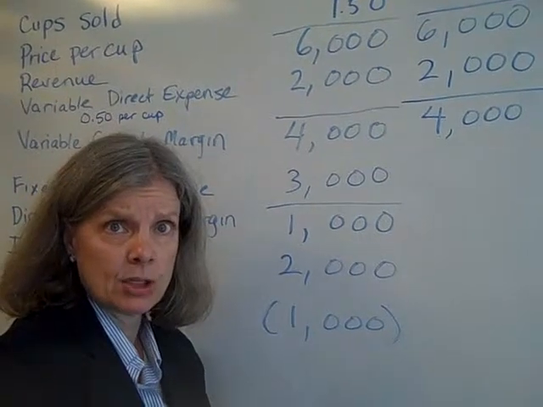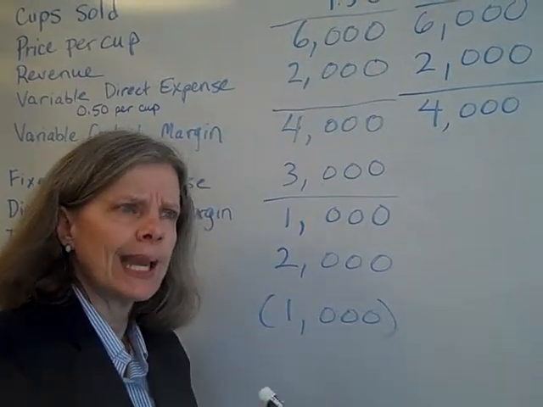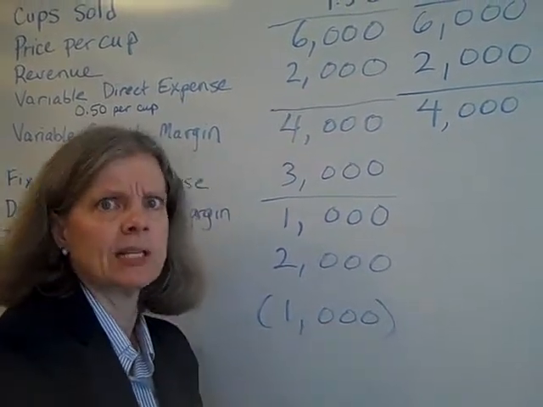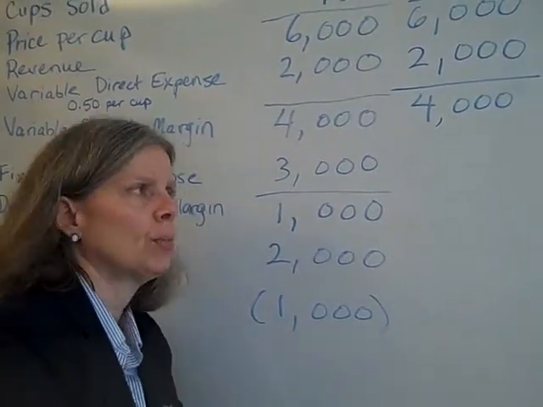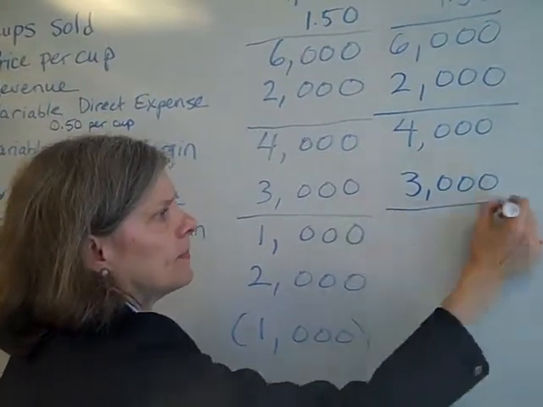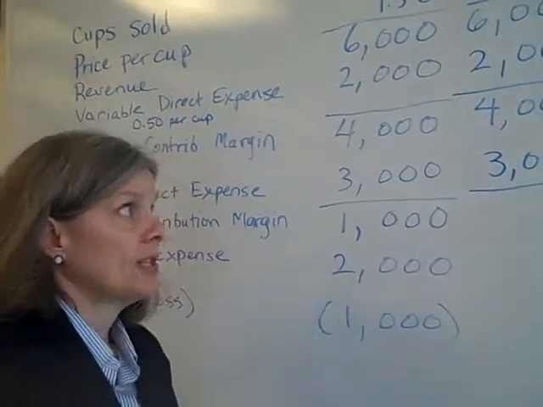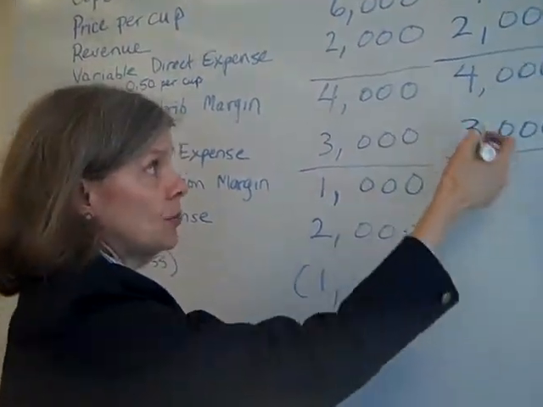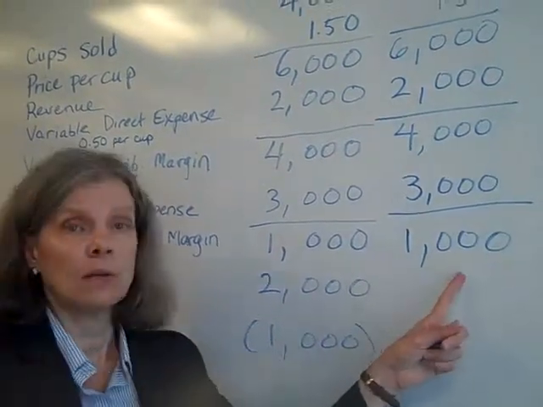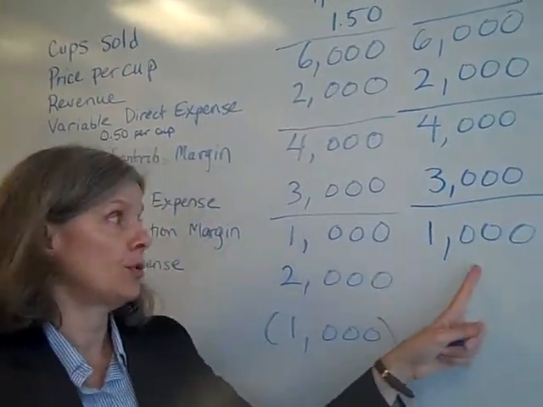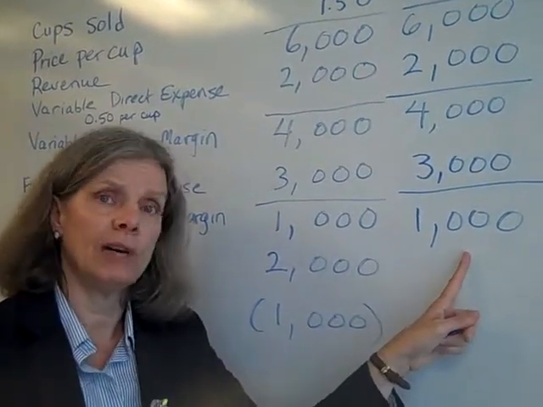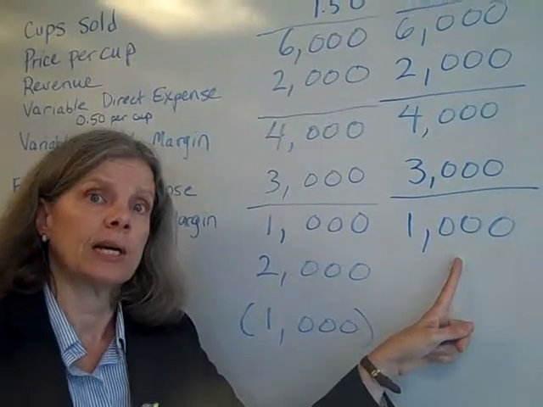Our fixed direct expense, let's assume that we have the two stands, is $1,000. We're paying $1,000 to Jen, and we will allocate 1,000 of Lenny's salary to this fixed direct expense because Lenny is working on producing cups of lemonade. So we have the same 3,000 in fixed direct expense. When we subtract 3,000 from 4,000, we have a 1,000 direct contribution margin, what's left from the revenue after we subtract all the variable and the fixed direct expenses.